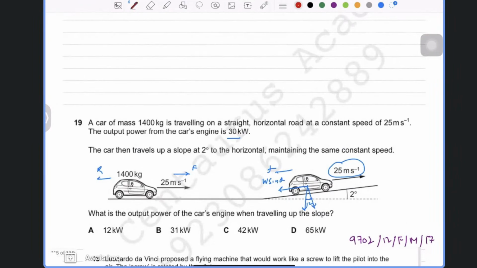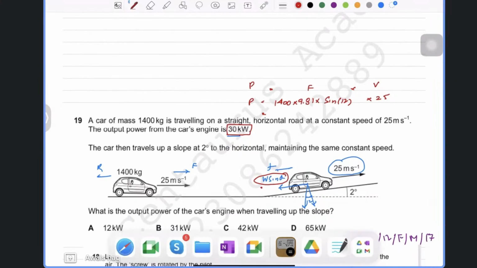So let's do this. We already know this is the amount of power it was spending to overcome friction. We just need to know how much power is needed to overcome the gravitational force. The weight of the car is 1400 times 9.81, and then sine of 12. This would be the force, and the velocity of the vehicle was 25, so I multiply by 25 and get the power needed to overcome the weight.